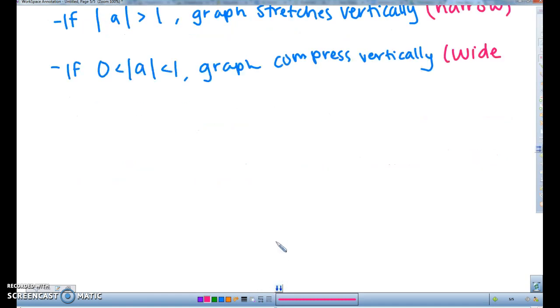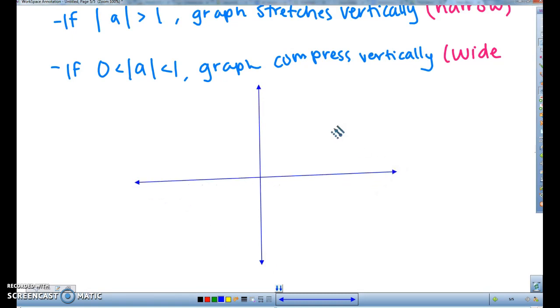let me go ahead and draw a coordinate plane. Let's say our parent function is this orange one, and that's y equals x squared. But we'll say this green one is compressing vertically, or widening.